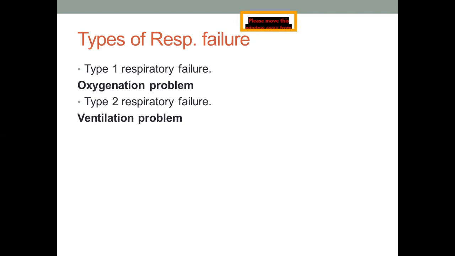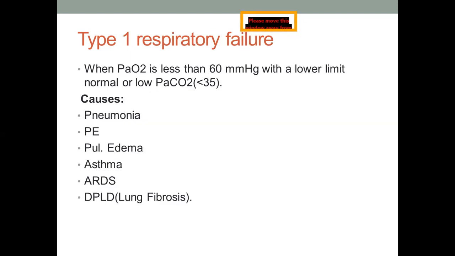So if the problem is in oxygenation, this type of respiratory failure is called type 1 respiratory failure. And if the problem is in the washing out of carbon dioxide, that is type 2 respiratory failure, that is ventilation problem.